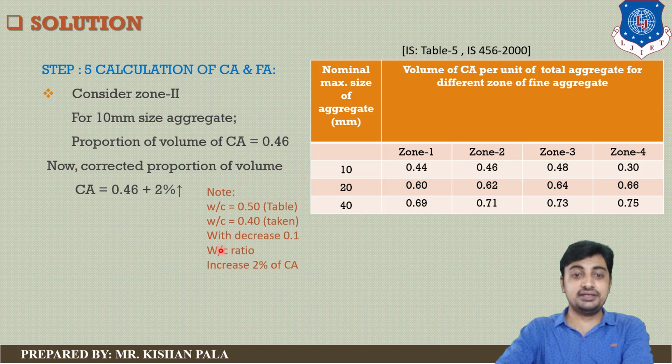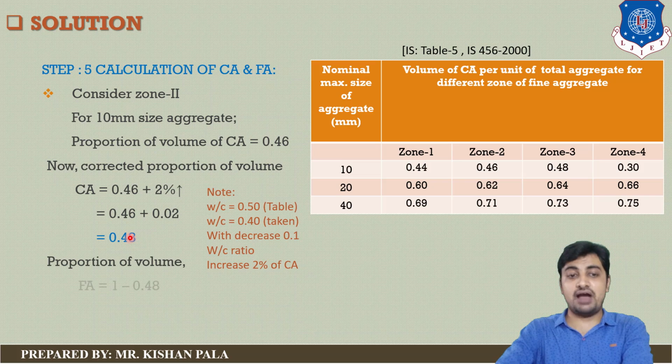So we have to increase the coarse aggregate by 2%. It means we take 0.46 plus 2%. It means we require 48% coarse aggregate after the correction, and the remaining portion for the fine aggregate, which is 52%. So you have to calculate the coarse aggregate and fine aggregate with correction.